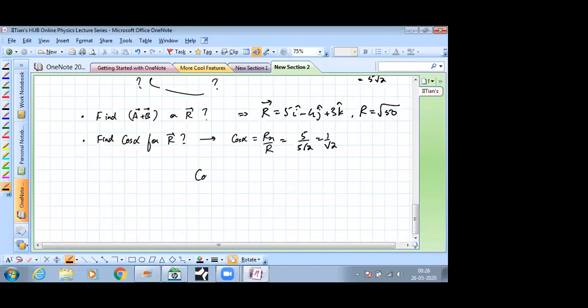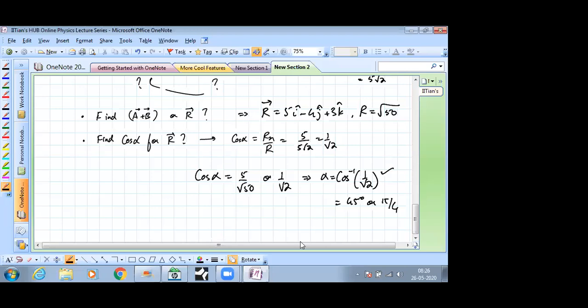So cos alpha is equal to 5 by root 50 or 1 by root 2. Okay. So you can say alpha is cos inverse 1 by root 2. It's actually 45 degrees or pi by 4. But here the answer is given in cos inverse form. Okay. So we'll leave the answer in this form, which is the same as cos inverse 5 by root 50.